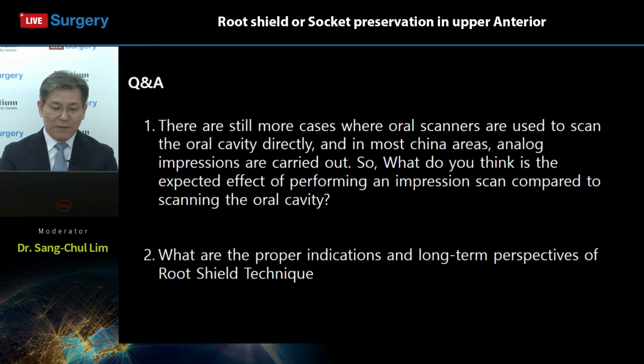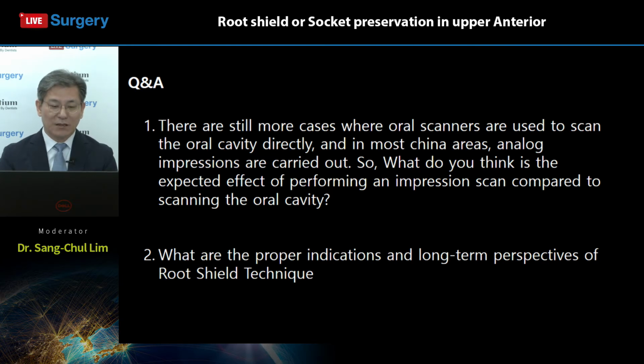Basically, impression scan doesn't need any device process, right? It's a conventional technique, inexpensive and effective. Basically, dental lab technicians want to have a model. They want to work on the model.